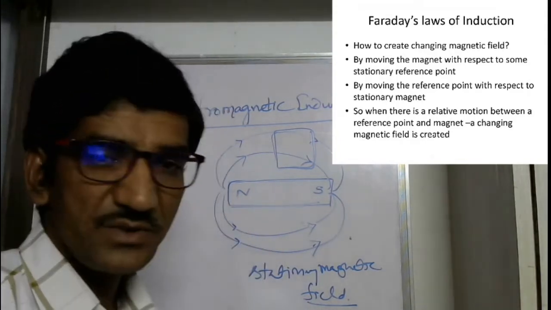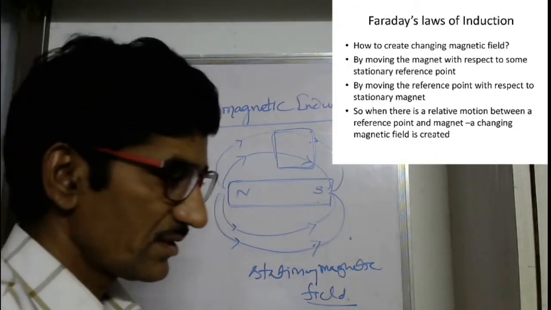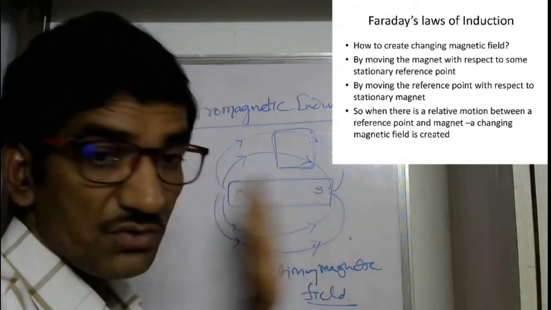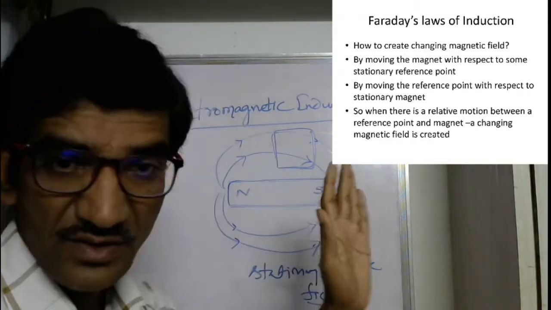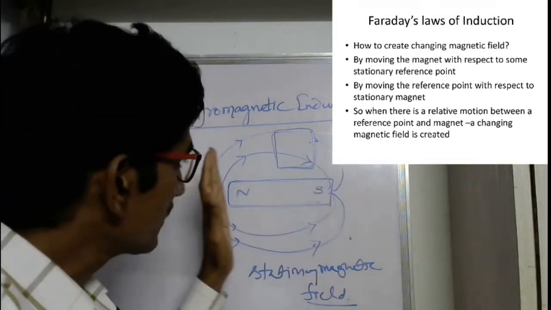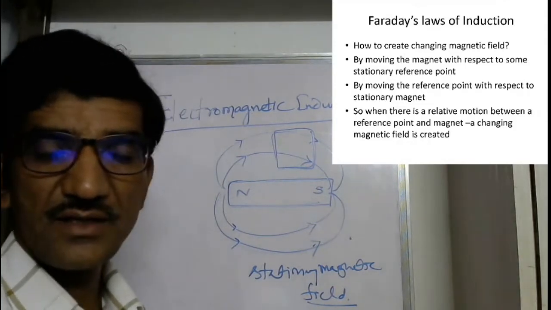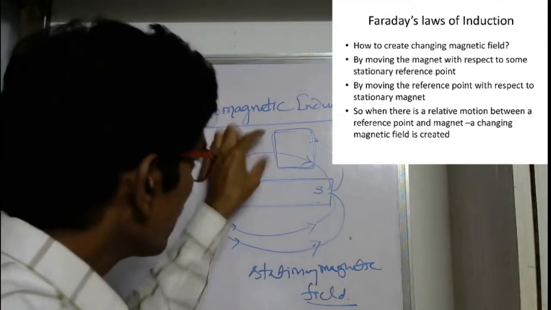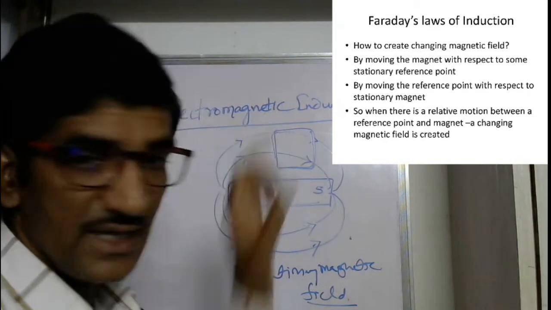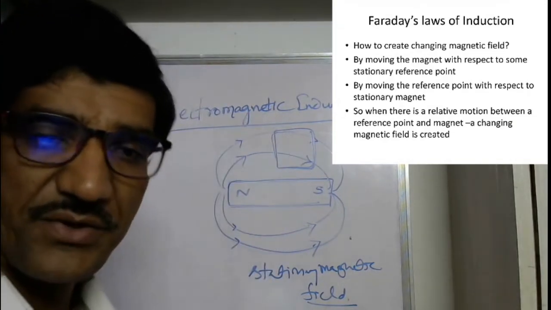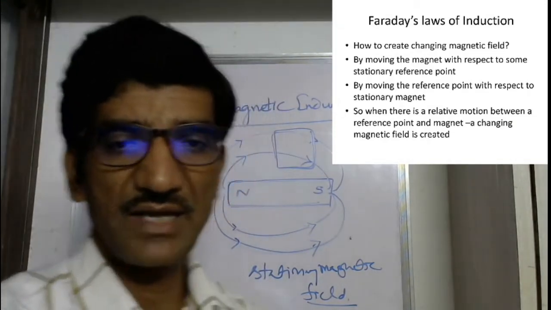You have to displace, you have to move this magnet. If you move it just like this, only one field line passes through this area. That means in this particular area under consideration, you are creating a variable magnetic field.